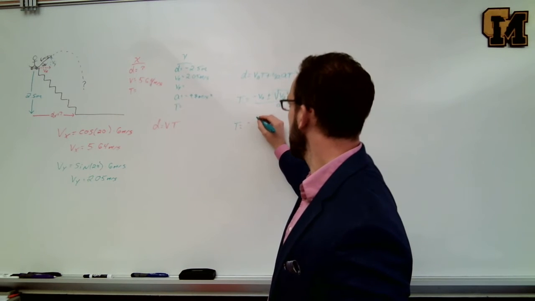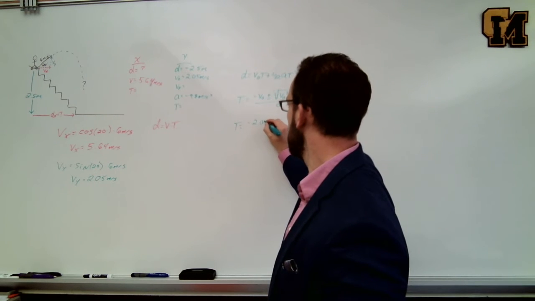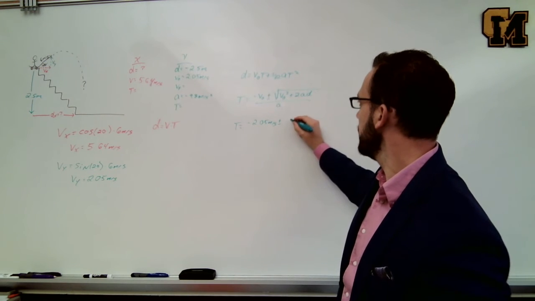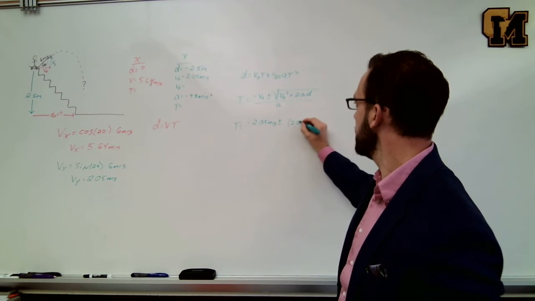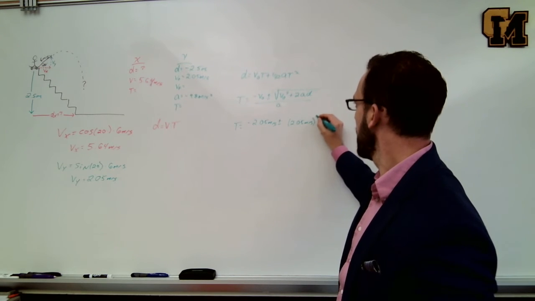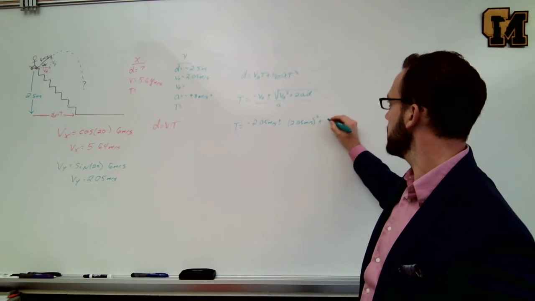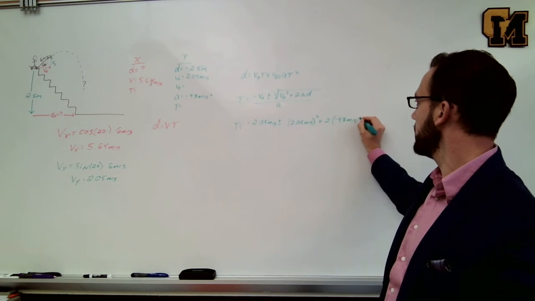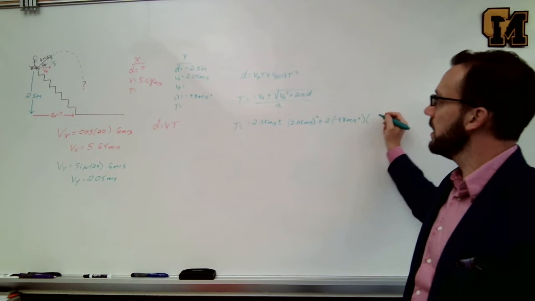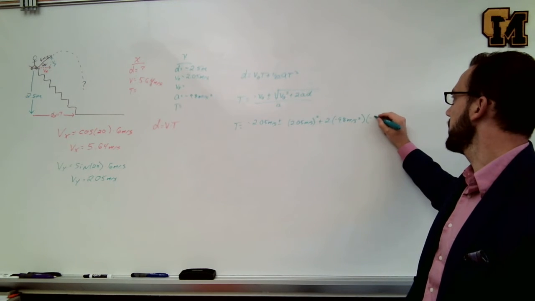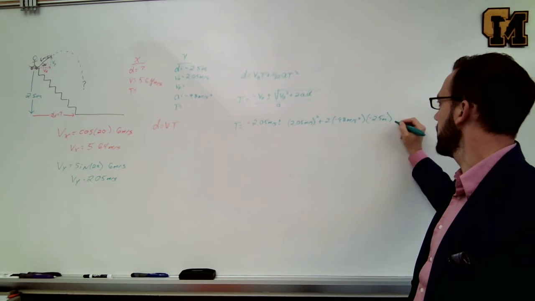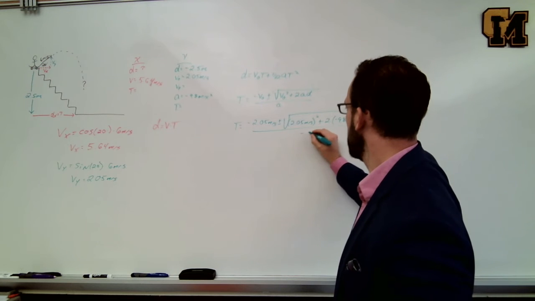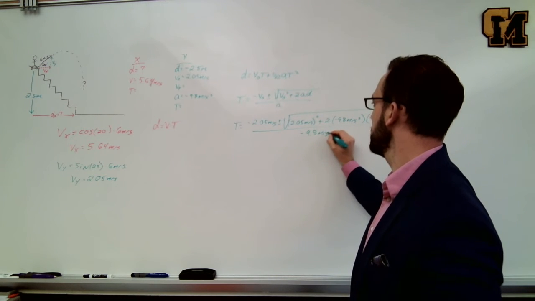So t equals negative v naught, and v naught was 2.05, plus or minus, underneath my square root, I would have 2.05 squared, because v naught gets squared, plus 2 times negative 9.8 meters per second squared times d, which is negative 2.5. And all of that goes under the square root, and then it's all divided by negative 9.8 meters per second squared.